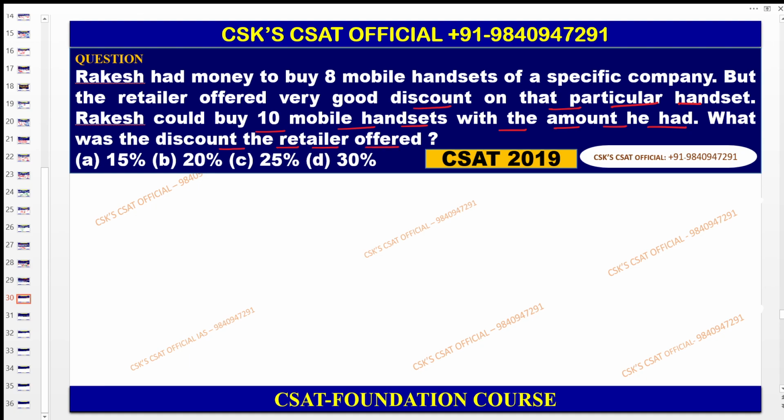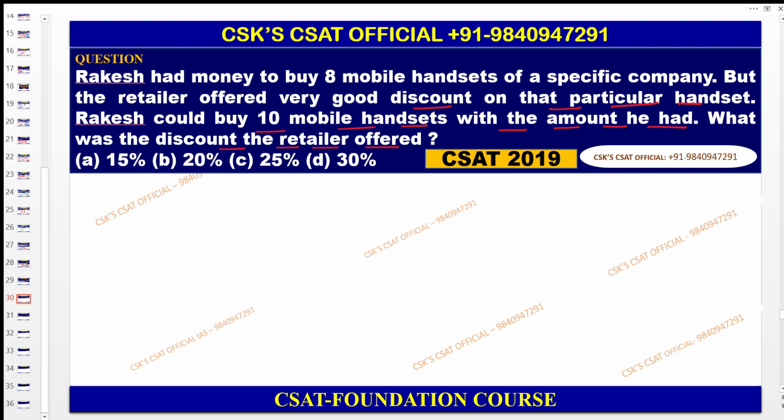Now, understand one basic thing from this. Here, Rakesh had money to buy, which means whatever he is investing is going to be the cost price. Now, with that cost price itself, the retailer is also offering. So therefore his selling price is also the same here.